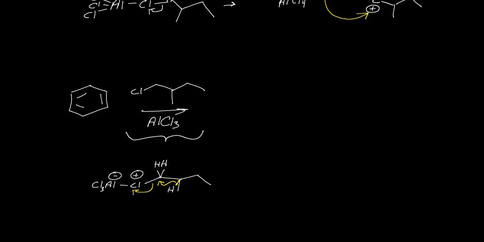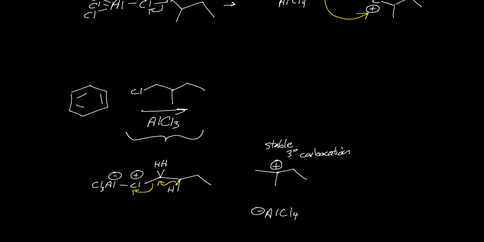a tertiary carbocation, a stable tertiary carbocation. The AlCl4 has left. 1, 2, 3, 4, 5 carbons.